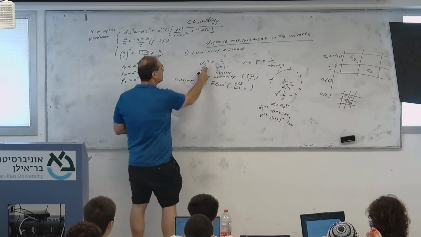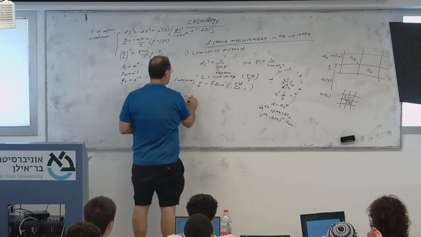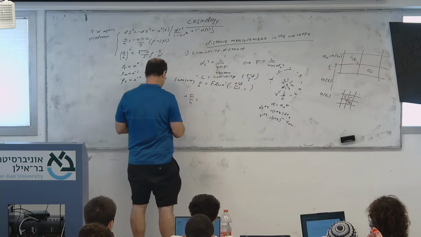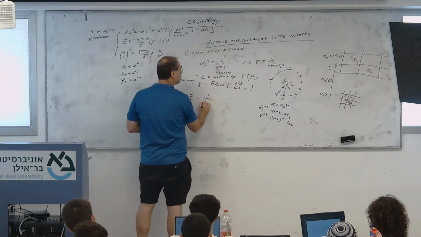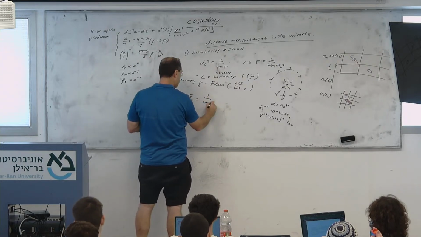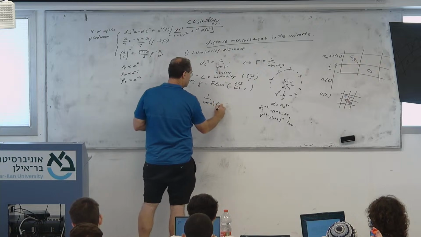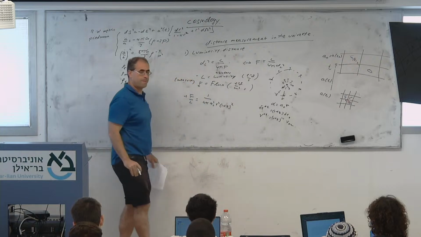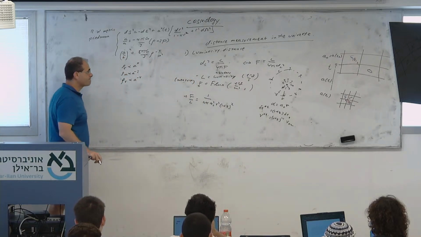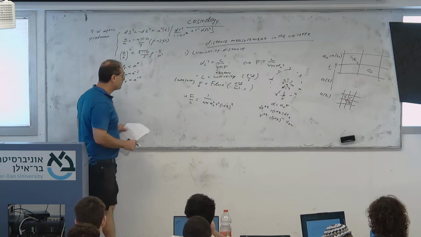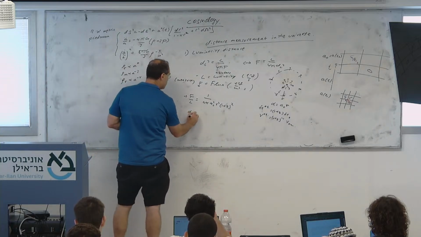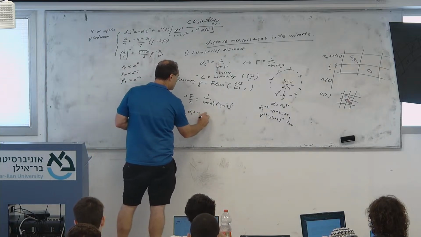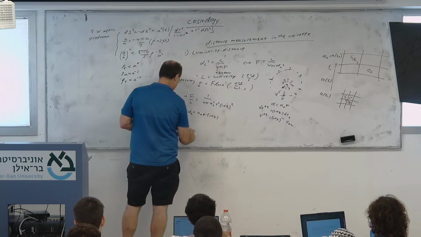So overall, what we get is that the observed flux over the luminosity is 1 over 4 pi, and then a0 squared, r squared, 1 plus z squared. Which means that the luminosity distance is a0 r times 1 plus z.